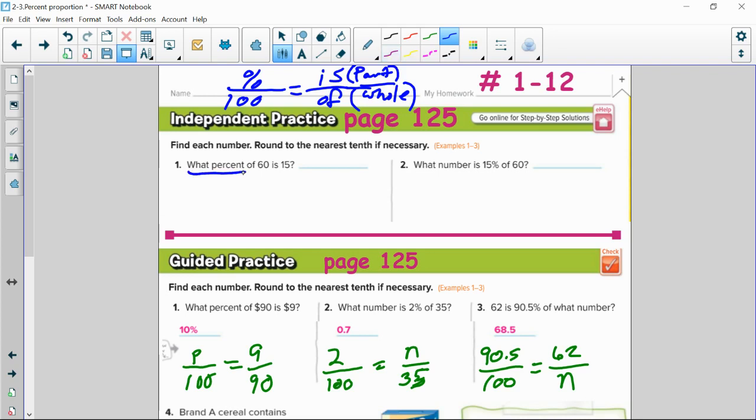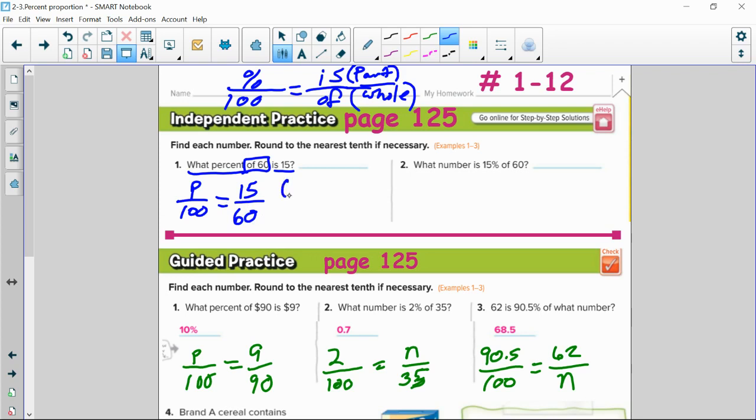Okay, so this tells me what percent of 60 is 15. So I know I'm looking for my percent over 100. The small 15 is going over my 60 this time. Remember, it's not always the smallest number on top.